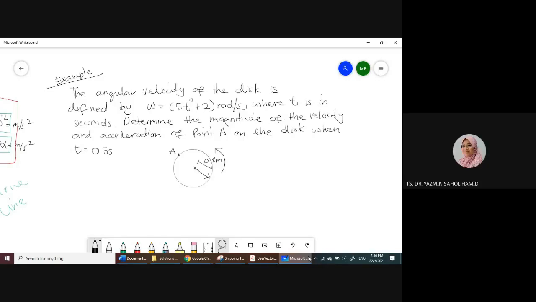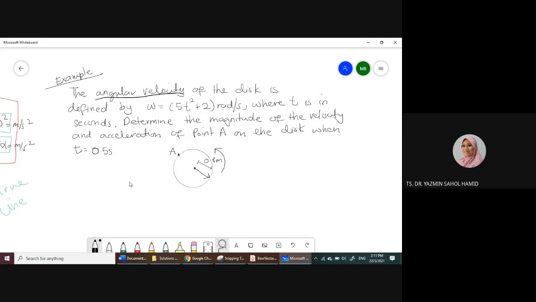I want you to get 100 marks for this last topic because I expect the question is easy and you can do it. Okay, now, angular velocity of the disk is defined by omega equals 5t squared plus 2 radian per second, where t is in seconds.